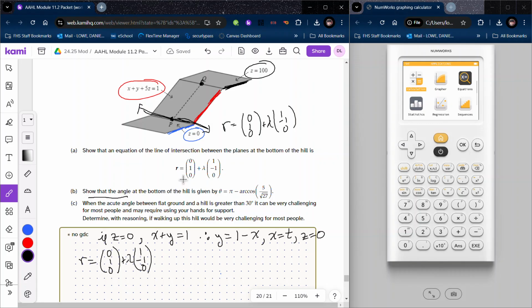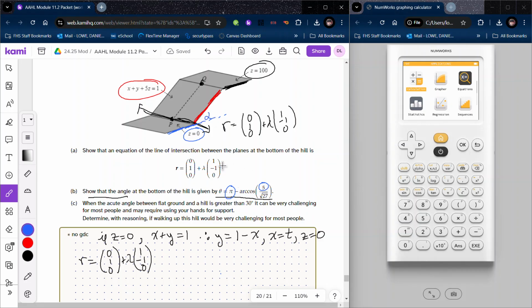Then, if I want to show that the angle at the bottom of the hill is given by phi, if I look at this particular setup, it looks like what I have is an obtuse angle, because I have pi minus an acute angle, and I know that the arc cosine of 5 over root 27 is acute because the numerator is positive.